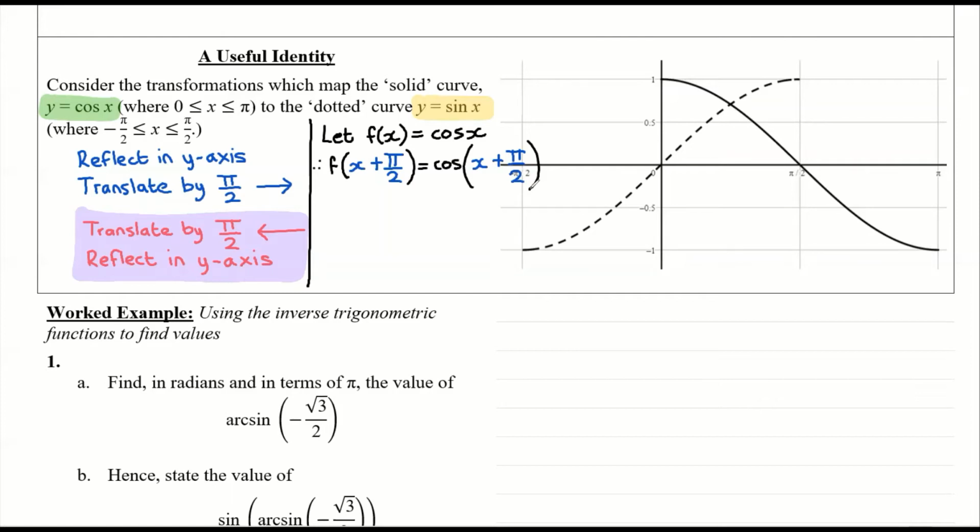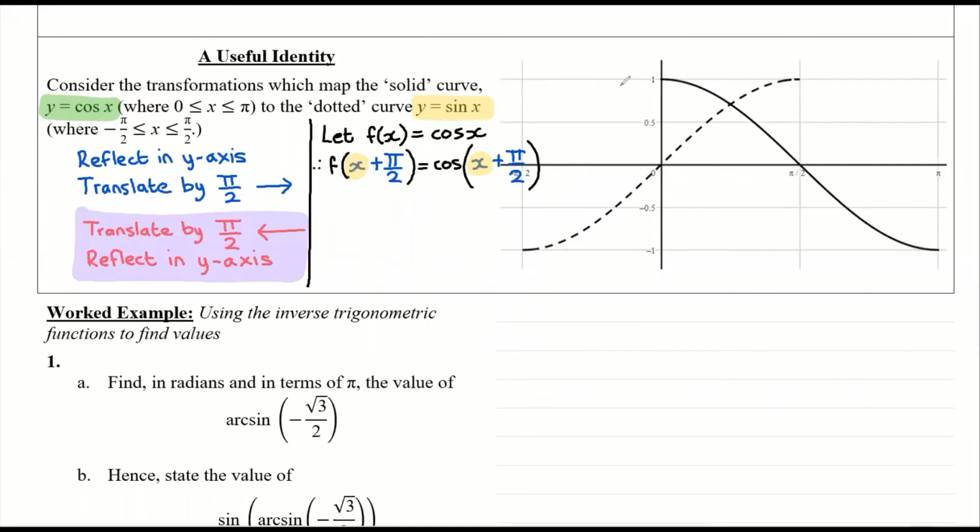The second transformation we reflect in the y-axis. Now, that means that we have to change the sign of the x input. Okay, and what I mean is we change the sign of this part. Okay, so it becomes negative x. So this will be the next step.